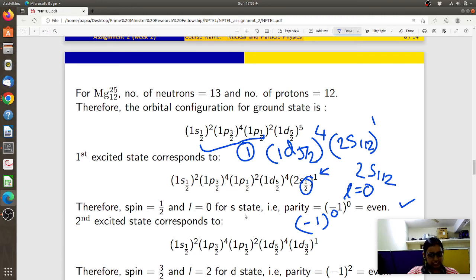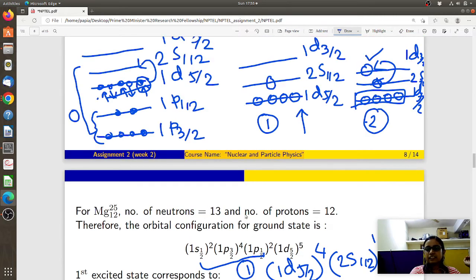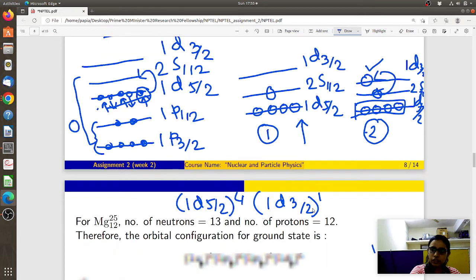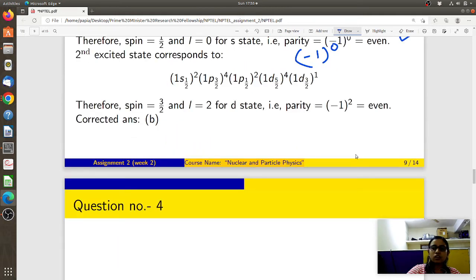And for the second excited state, as I already drew here, what will be the configuration? The first 3 will be the same, but the last one is 1d 5/2 4, and instead of 2s 1/2, there will be 1d 3/2 1. So the valence nucleon is 1d 3/2, and for D, L equals 2, because S P D means 0 1 2.